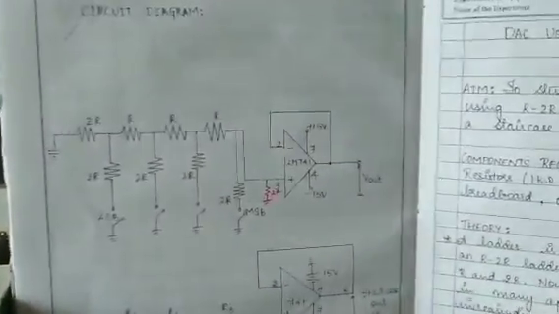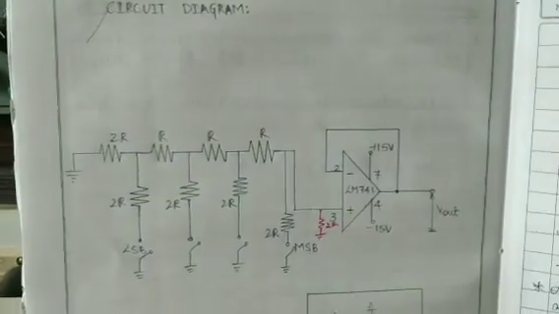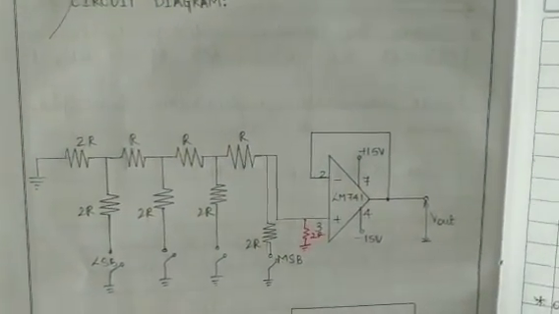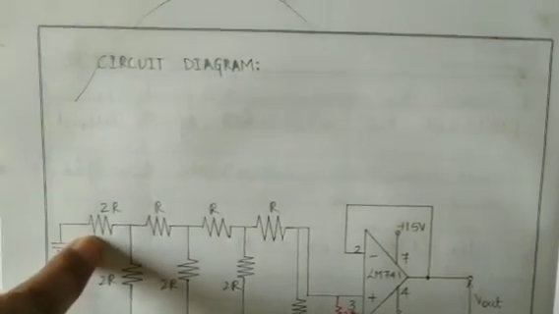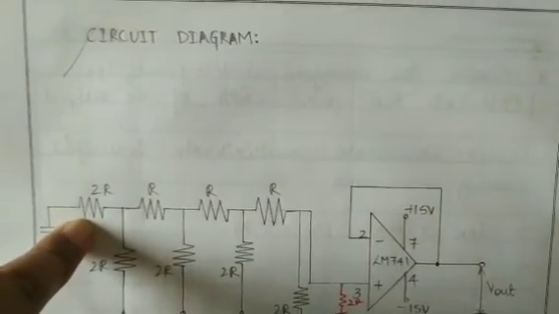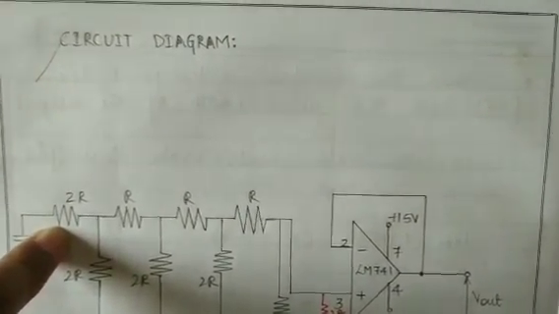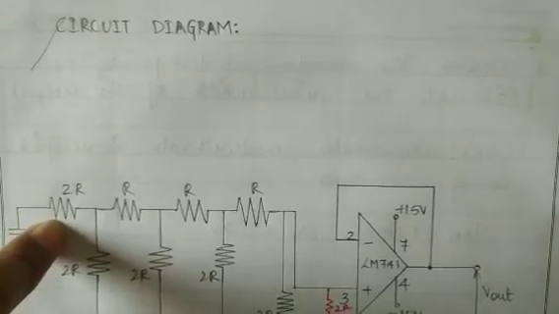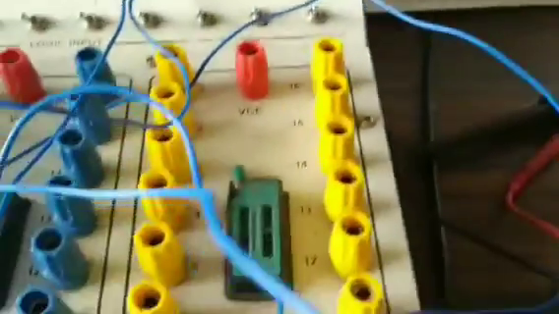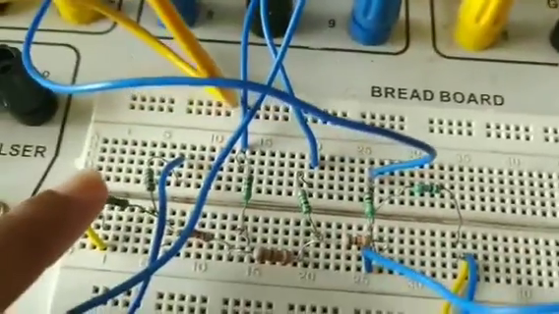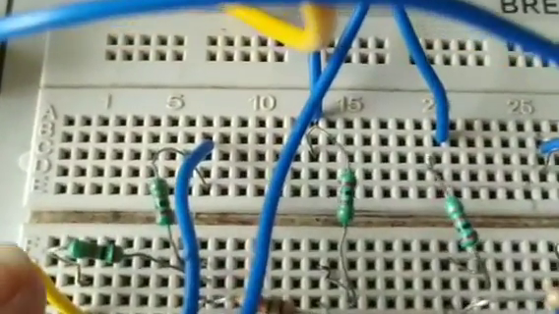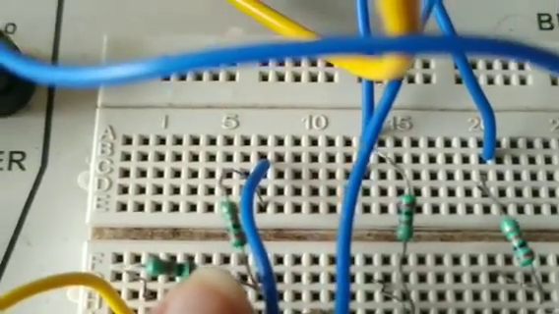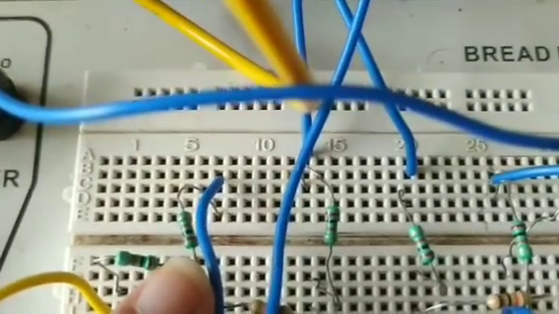Let us see the connections now. This is the circuit diagram that we want to rig up. First I will rig up the first 2R, and what is the value of 2R that I have taken? 20 kilo ohm. So I will connect 20 kilo ohm on the breadboard, and you can see the color code.